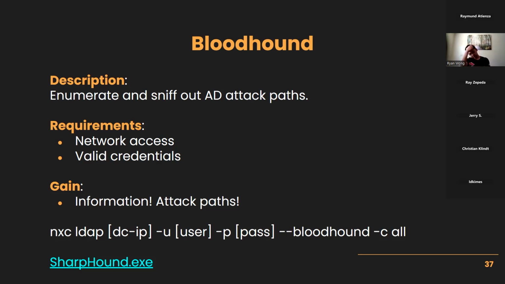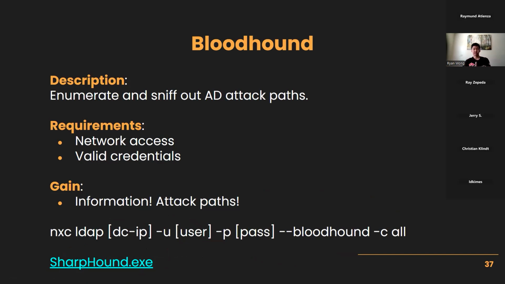So there are two main ways that I like to use Bloodhound. One is through netexec using the Bloodhound module. Another would be SharpHound. The difference between them is that netexec uses its own custom Bloodhound ingester, which is not the same as SharpHound.